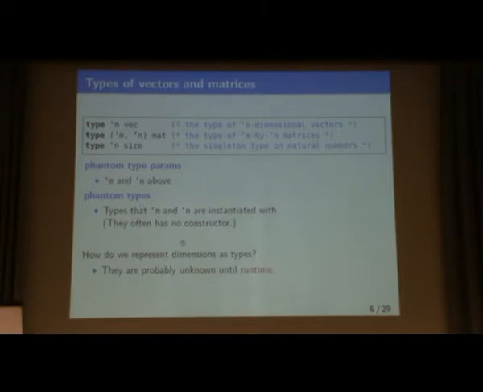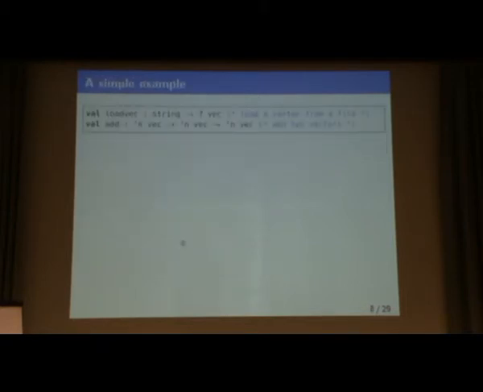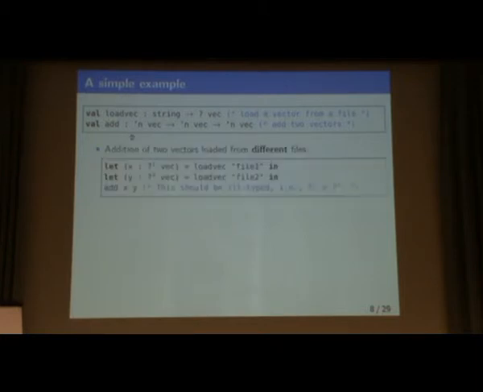The main question is how to represent type-level natural numbers. And actually, we don't use natural numbers at type level. So let's consider this example. Suppose you have a function which reads a file and returns a vector read from that file. And we have an addition function for vectors. So what happens if we load two vectors from two different files?